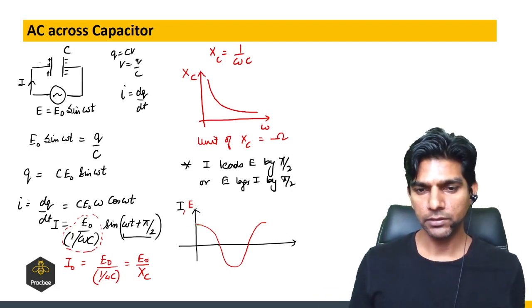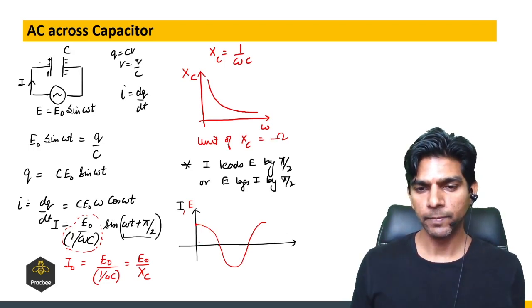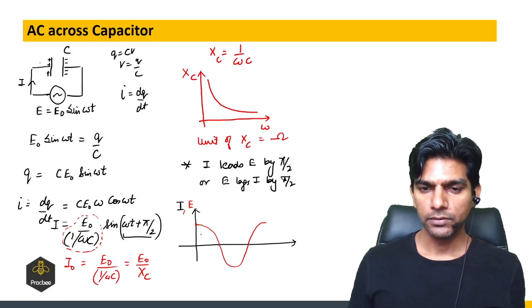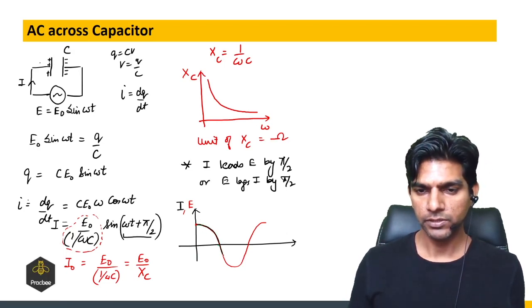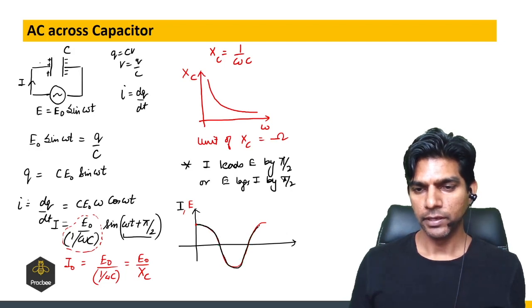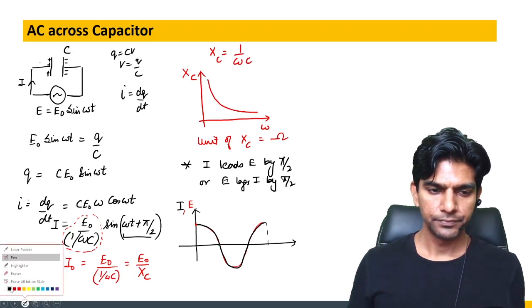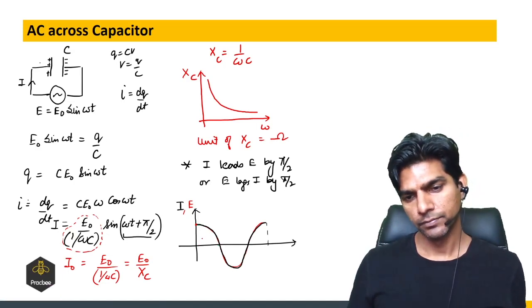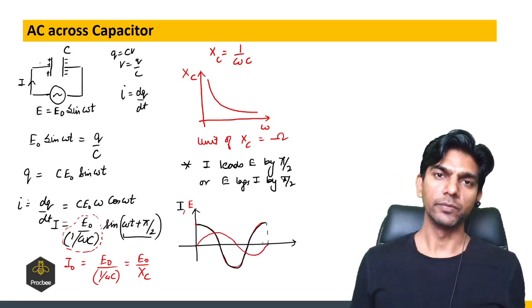Can you see the current has already attained its maximum value as soon as we have started the graph? So I should draw this with black color because this is current and I've taken black color for current. Now let us see for the EMF, and this is for the EMF.